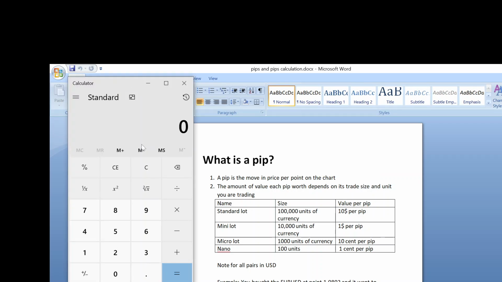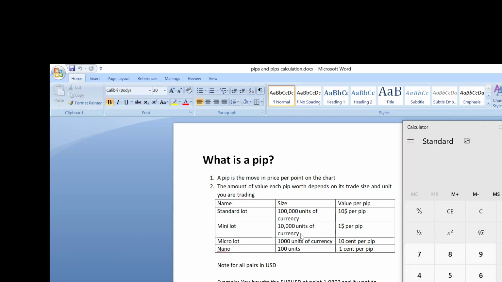In that way, you'll be able to measure the amount of gains you can have and the amount of loss you can have. For example, now you want to take a trade, like you want to buy a currency, for example the euro USD. So you need to understand stop loss and take profit.